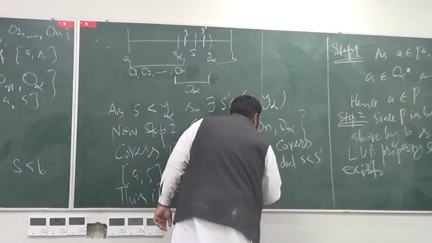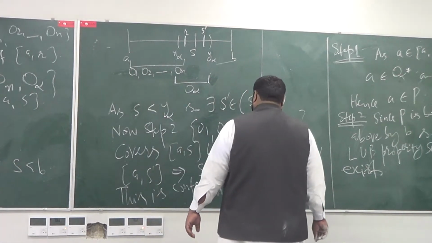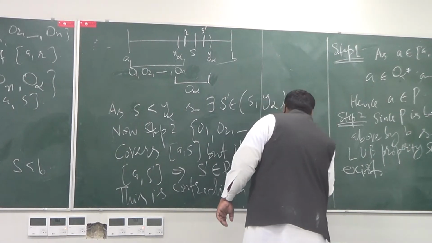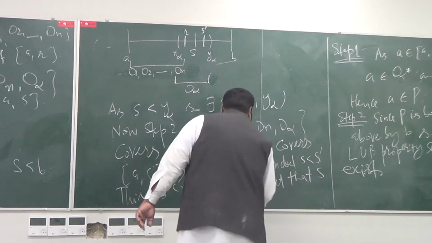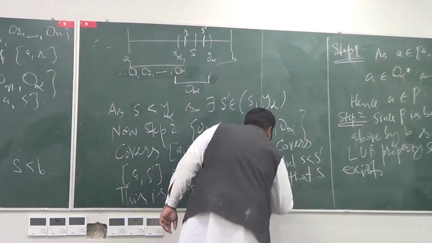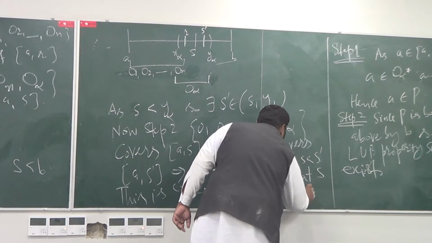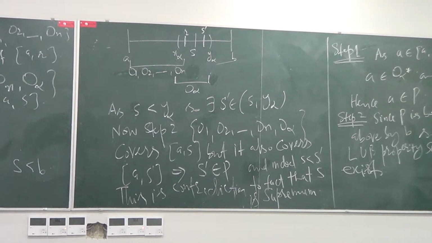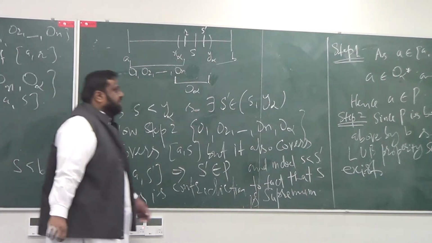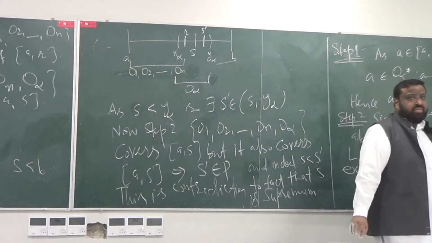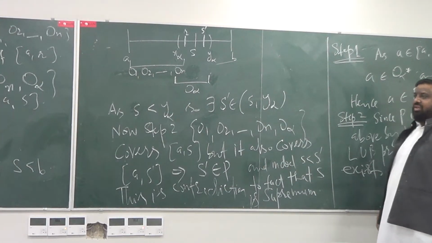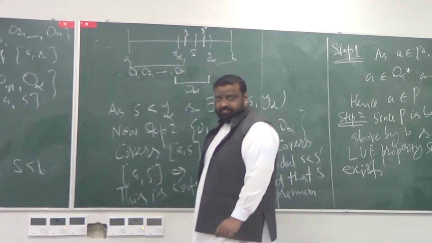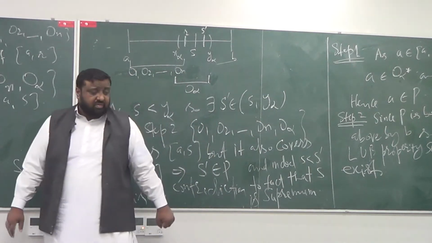Contradiction to the fact that S is supremum. Okay. So done with the difficult part. So from now on, we know that all closed intervals are compact. Okay? All closed intervals are compact.